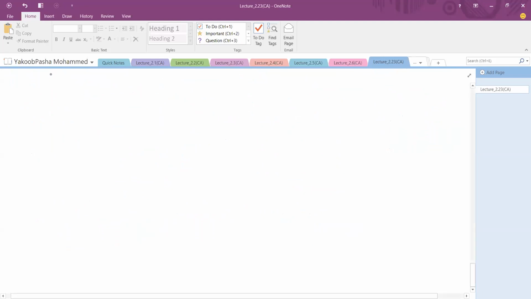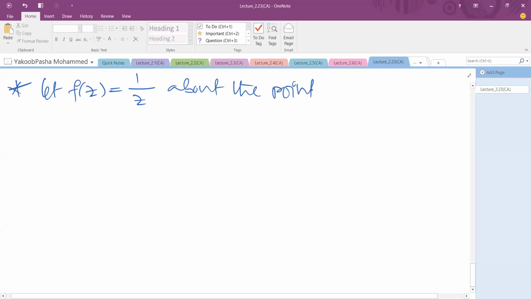First I am taking a simple example, to see how the Taylor series expansion and Laurent series expansion look. First, let f of z is equal to 1 by z about the point z equal to 0. So z0 is 0.